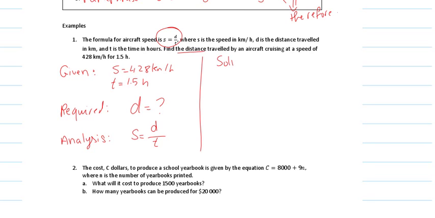So, solve means sub known values into the equation. What do I know? Yes. So I know that the speed is 428, right? So I can replace S with 428.